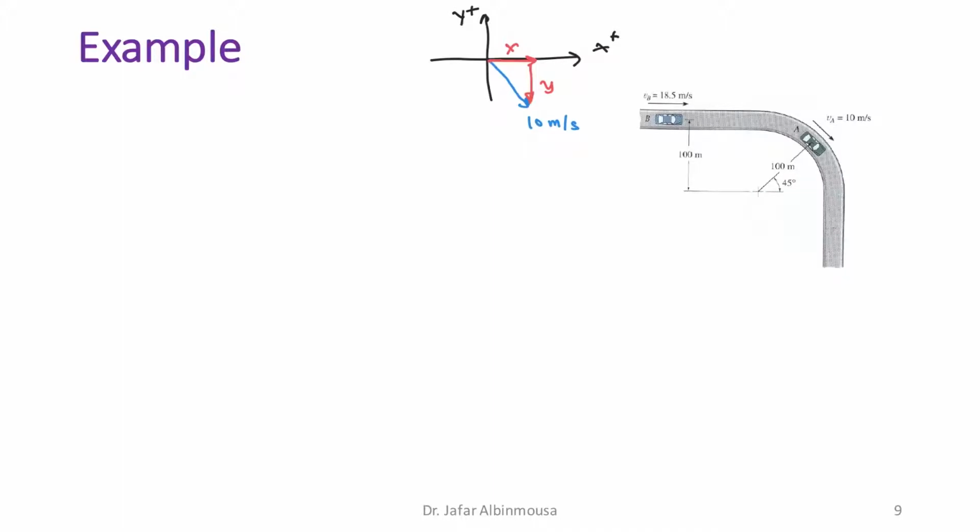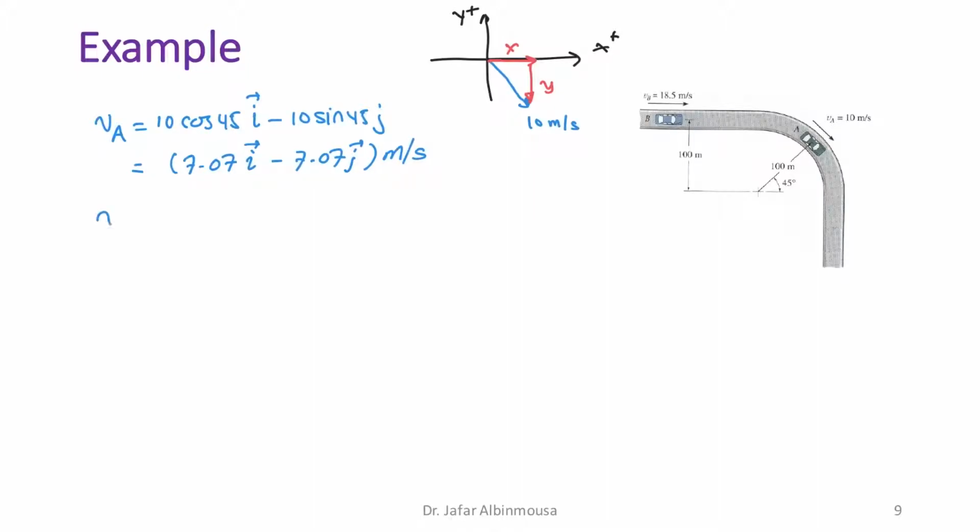Which means v_A is equal to 10 cosine 45 i minus 10 sine 45 j, which is equal to 7.07 i minus 7.07 j meters per second.